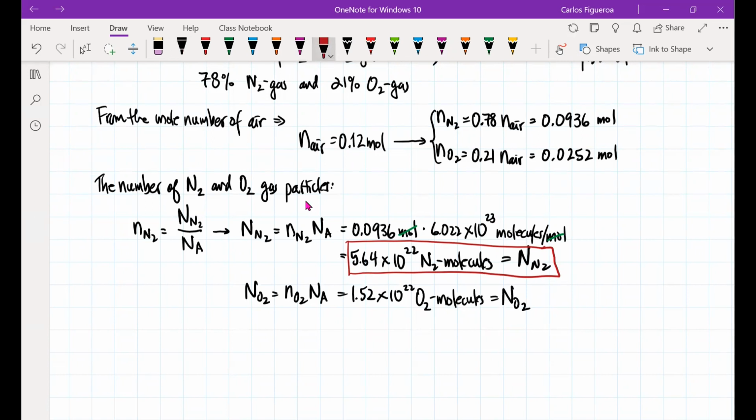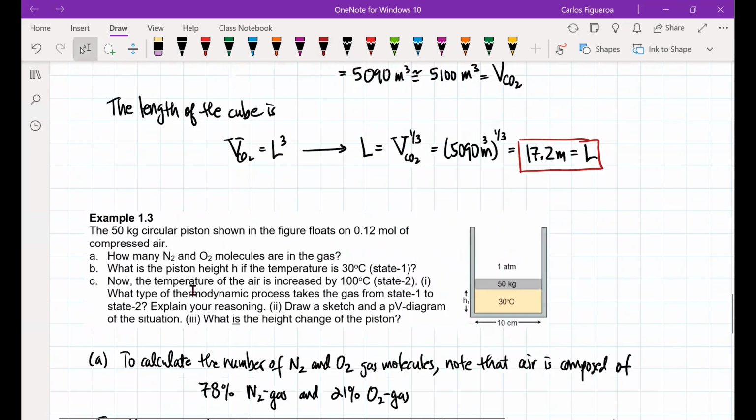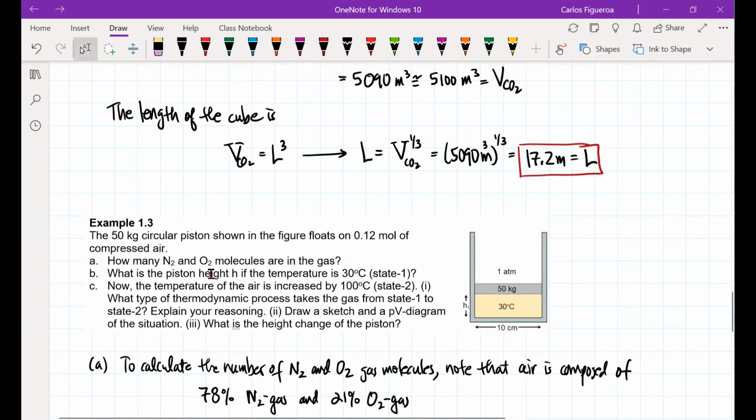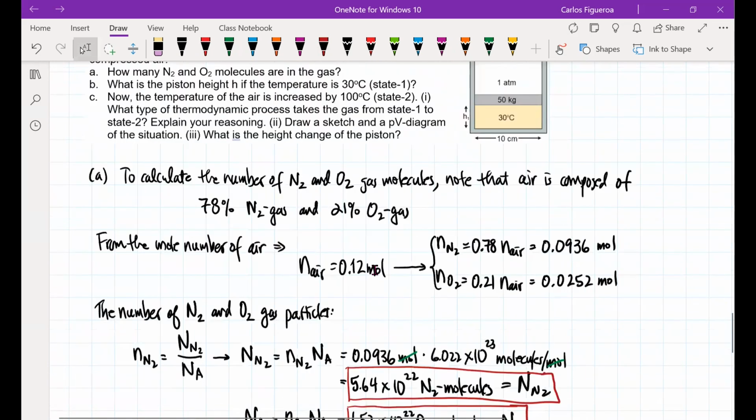So now I have completed part A. Now if I come back up here, they're asking what is the height H1 if the temperature is 30 degrees Celsius? And this is what we call state 1.